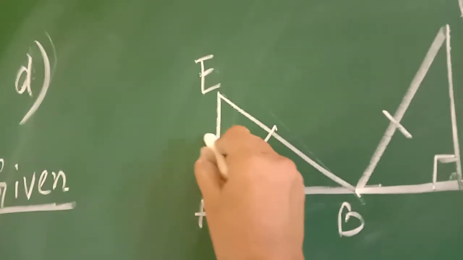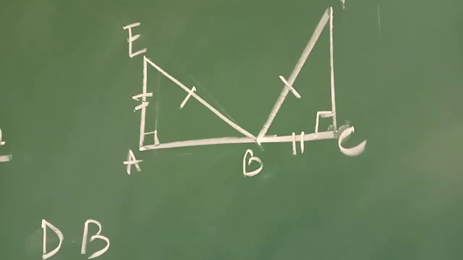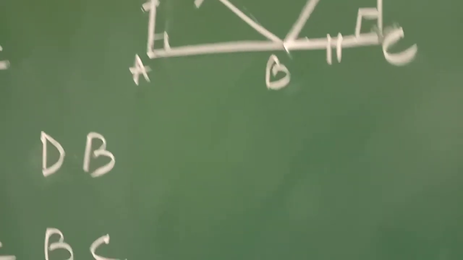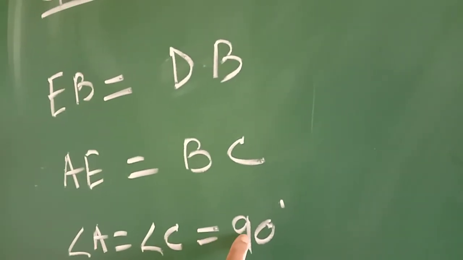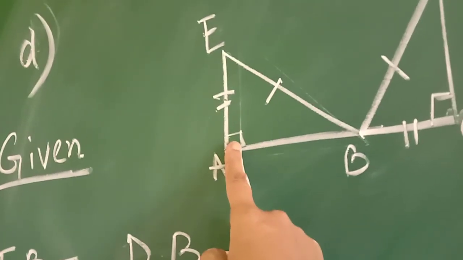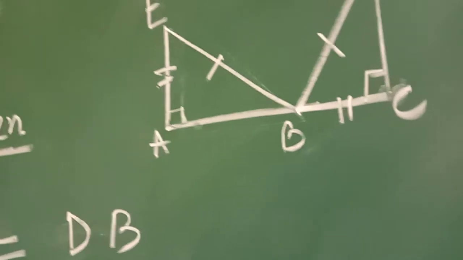Very good. These two sides are also equal. And angle A equal to angle C is equal to 90 degrees each. Angle A, angle C, both are 90 degrees.